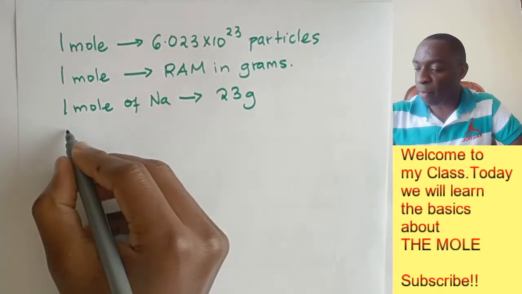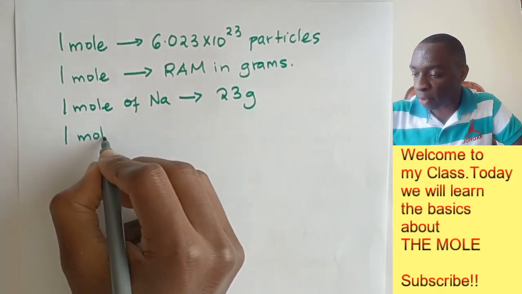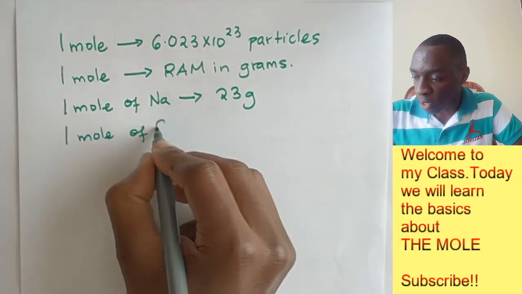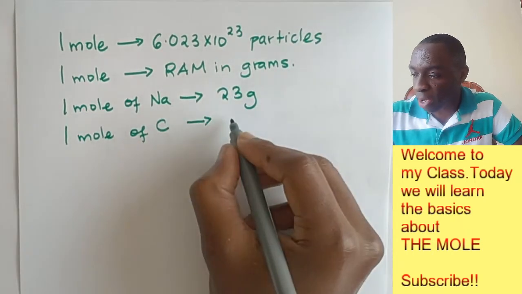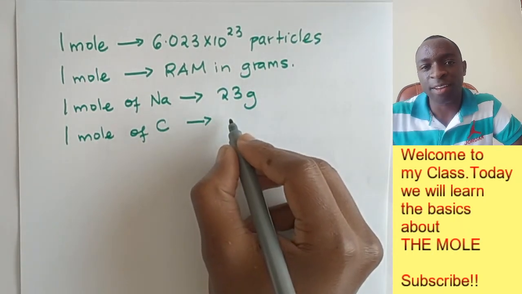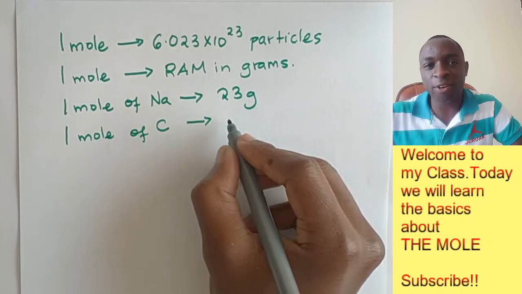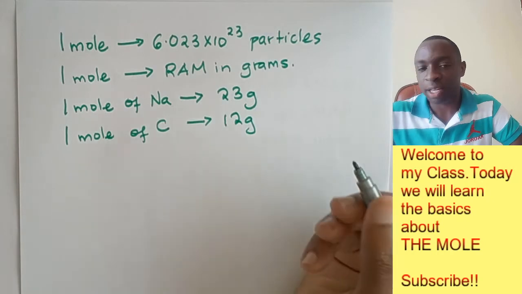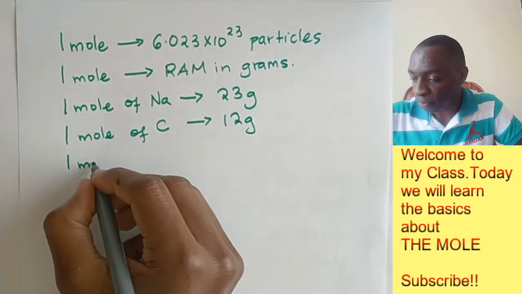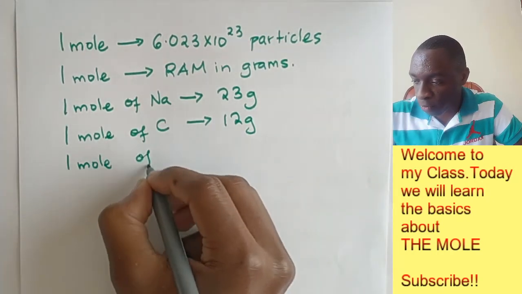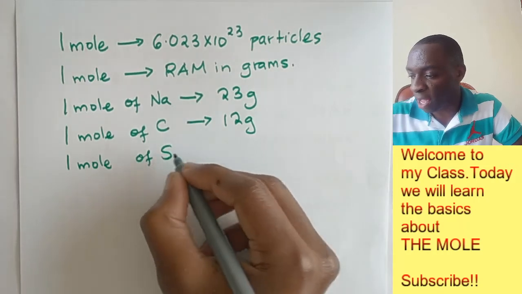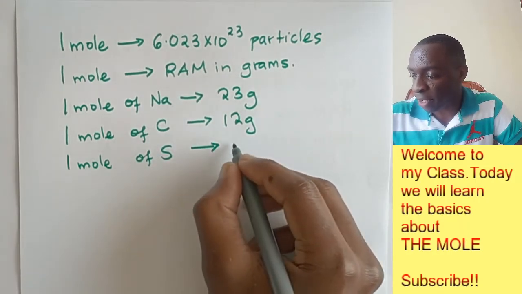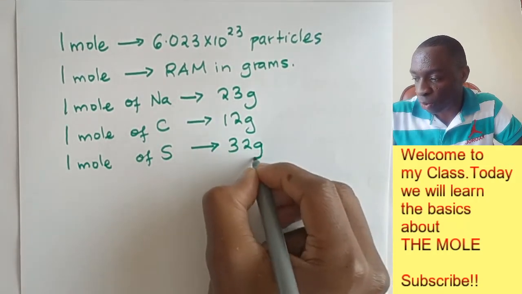Do you remember for carbon, 1 mole of carbon will have a mass of, yes, I think you guessed it right, 12 grams. Now 1 mole of sulfur will be 32 grams.